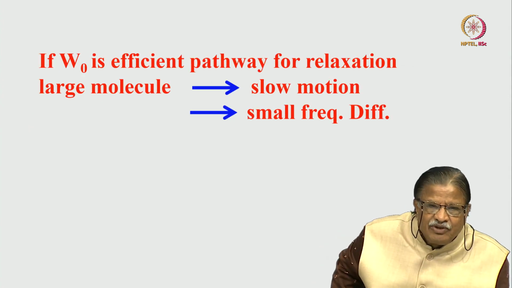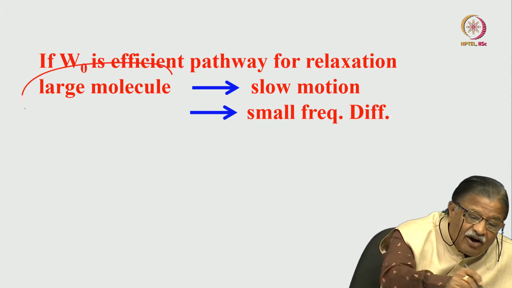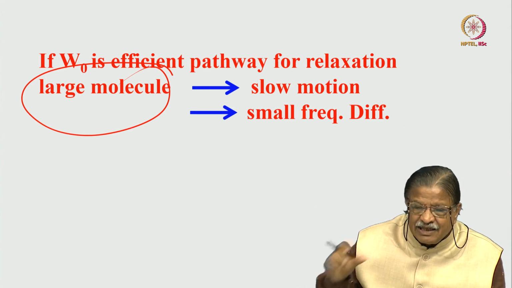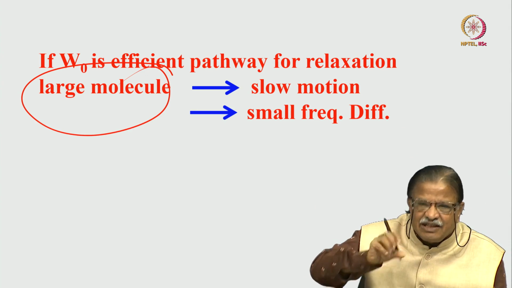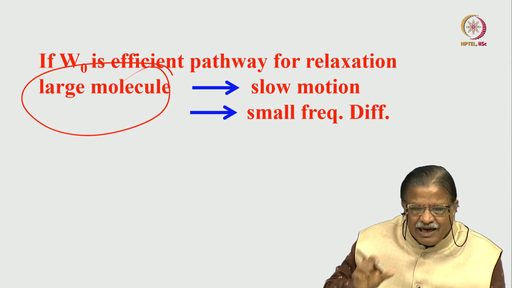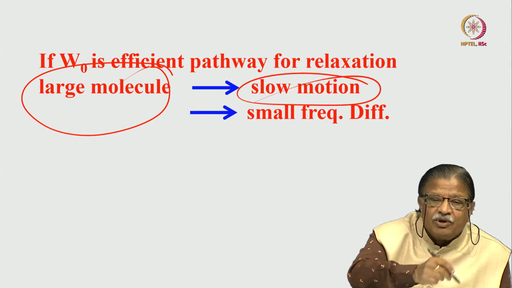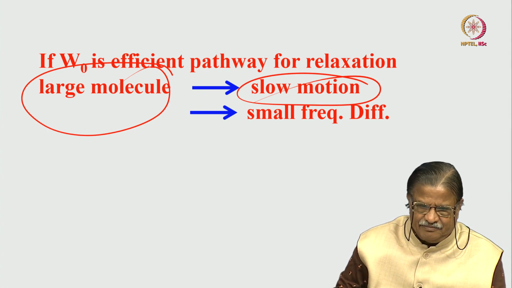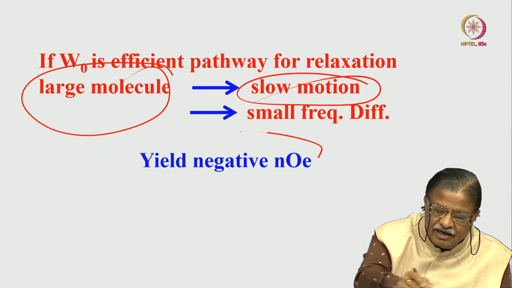What happens if W0 is the efficient pathway? This is only for large molecules like big proteins. These molecules cannot tumble as fast as small molecules. They are a little sluggish. As a consequence, they undergo slow motion and a small frequency will be generated, so you will get negative NOE.